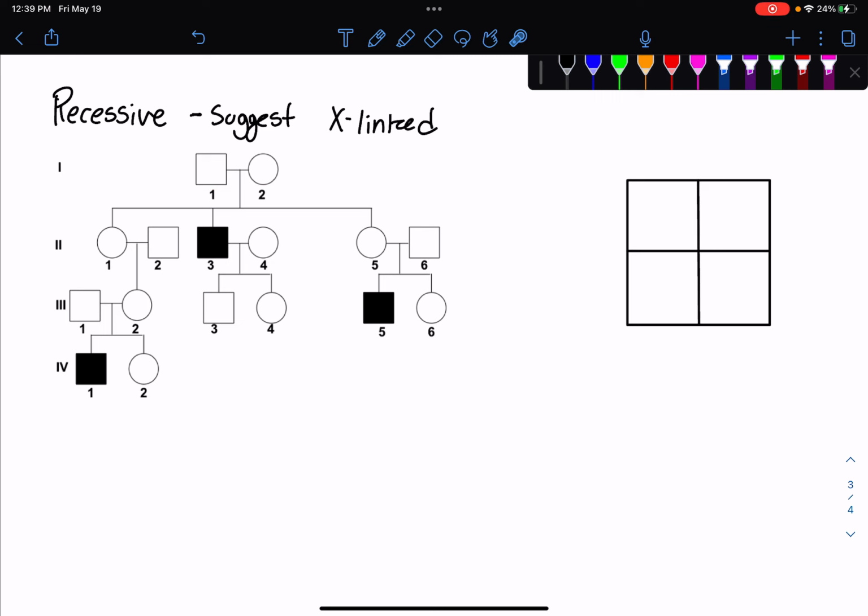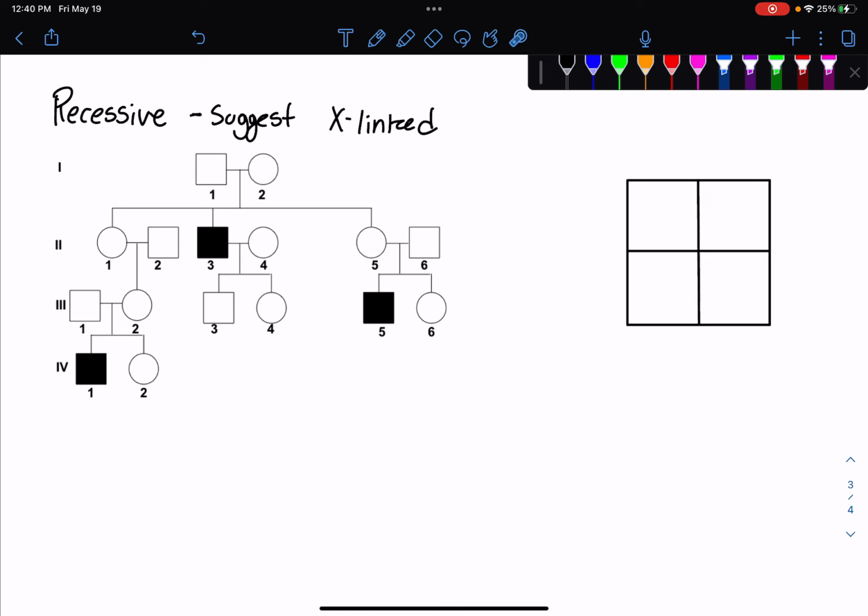So any generation where you have unshaded and then all of a sudden a shaded comes out of nowhere.